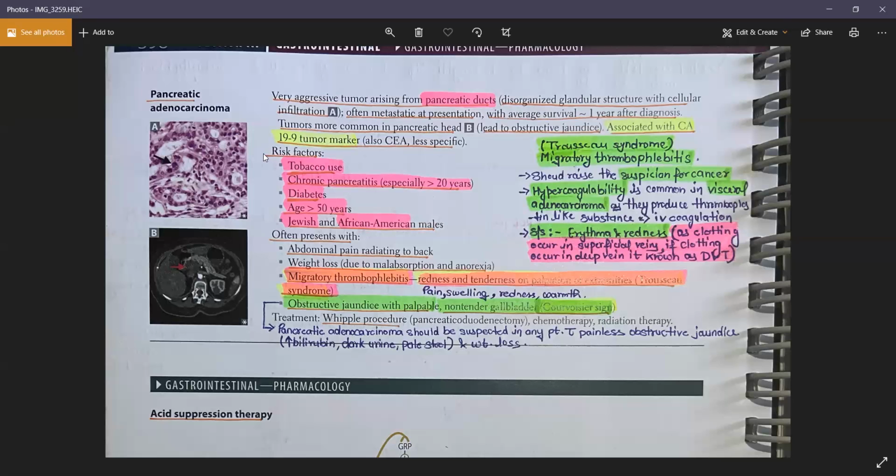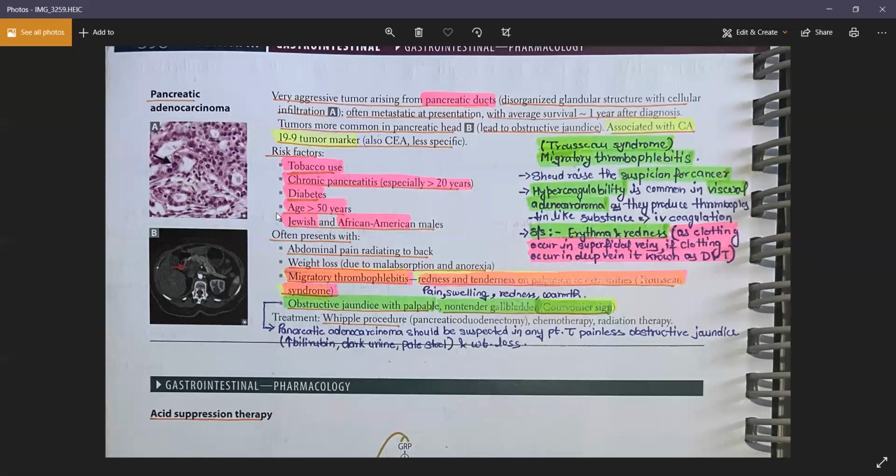Now the risk factors. Tobacco smoking is very important; it is the single most important risk factor for pancreatic adenocarcinoma. The second is chronic pancreatitis, because whenever you have chronic inflammation, you have an increased risk of cancers. Diabetes is also an important cause.